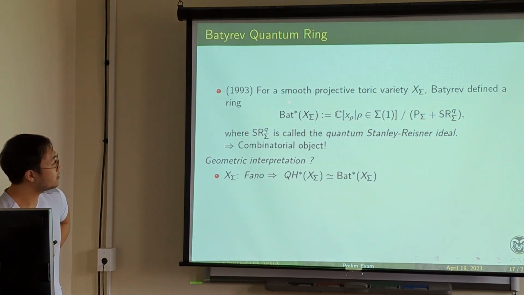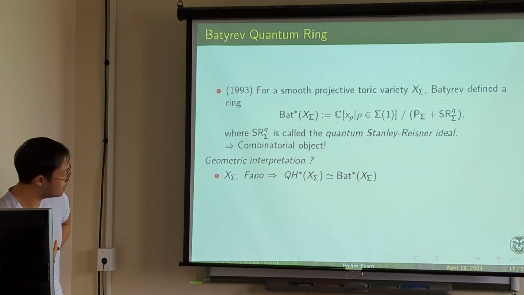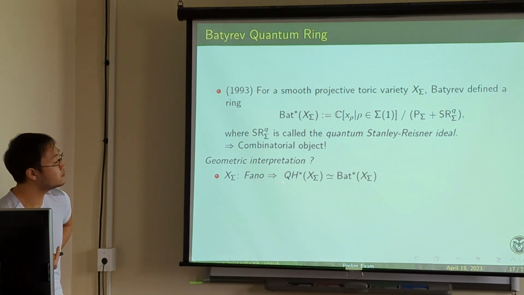When my space, a smooth projective toric variety, is Fano, which means the anti-canonical bundle is ample, equivalently, if you multiply the anti-canonical divisor by all the effective curves, you're going to get a positive number.